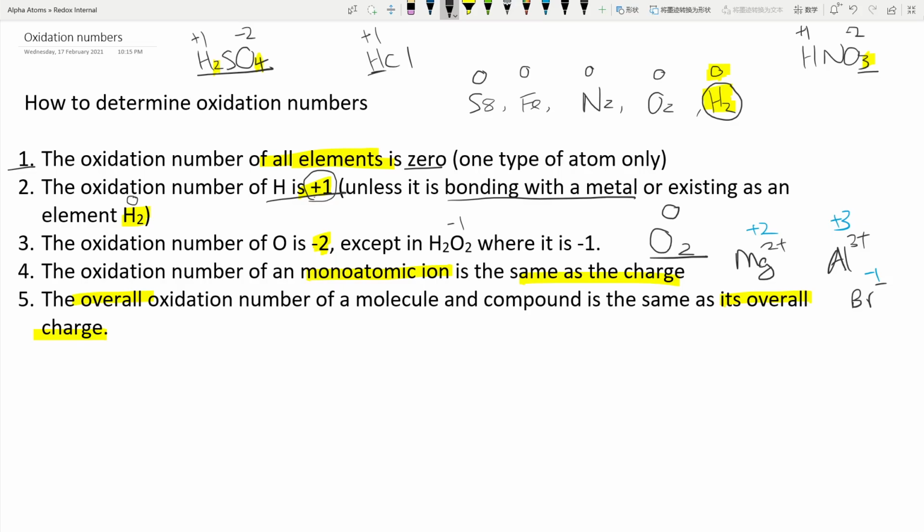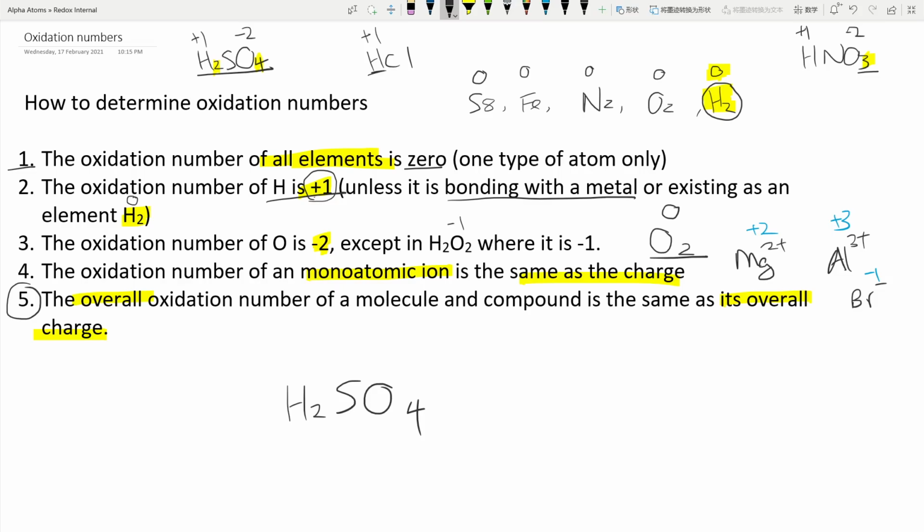But how do we use rule number 5? You need to use it in conjunction with all the other rules that we talked about. Let's look at H2SO4. This is a good one. Let's say I want to look at the oxidation numbers. What you need to do is identify the oxidation numbers of all of these elements.